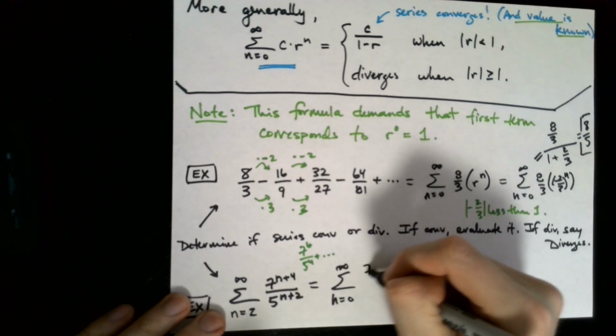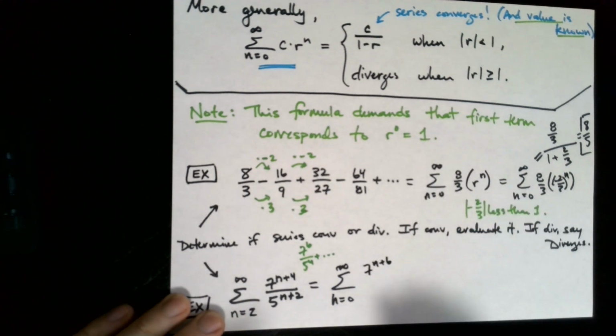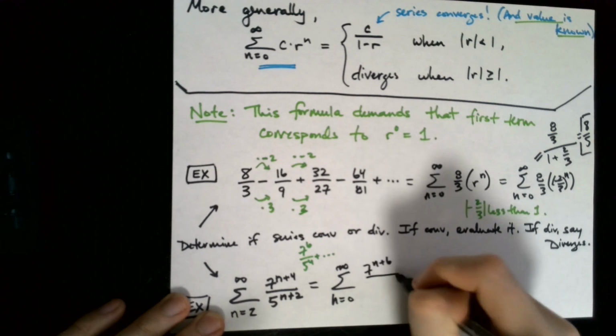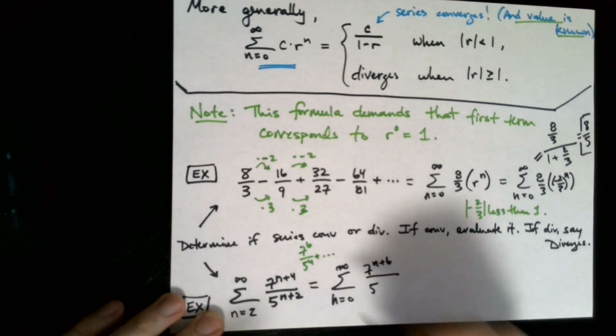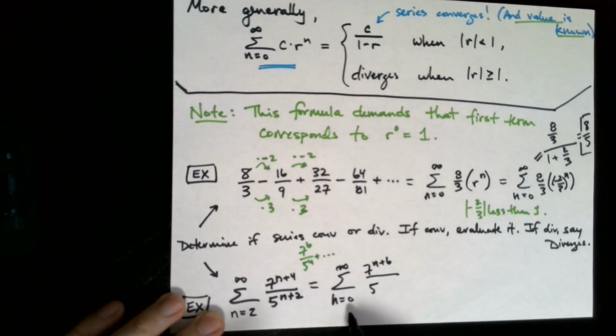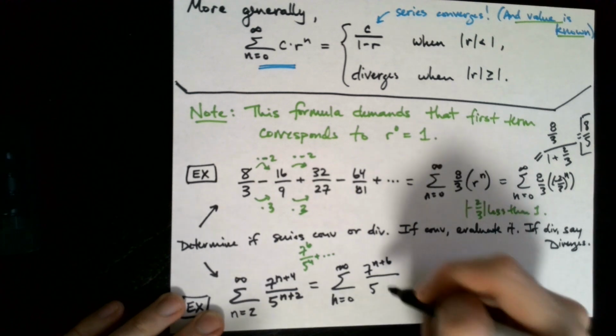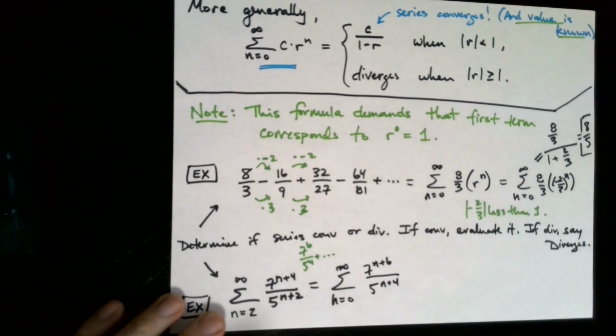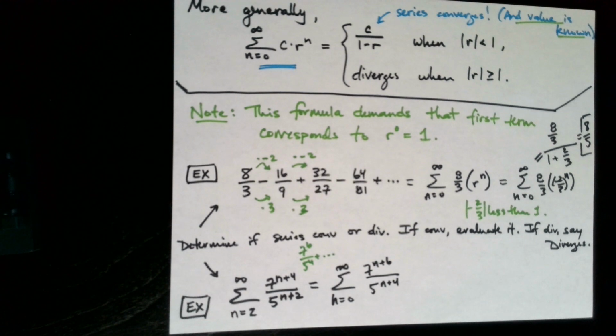Well, that's going to be 7 to the n plus 6, because 0 plus 6 would give us the 6 that we're after. And downstairs we need 5 to the 4th, but 5 to the 4th should be yielded for n equals 0. So that's going to be 5 to the n plus 4. Okay, sweet. So we've got our sum re-indexed in the proper form with n equals 0.